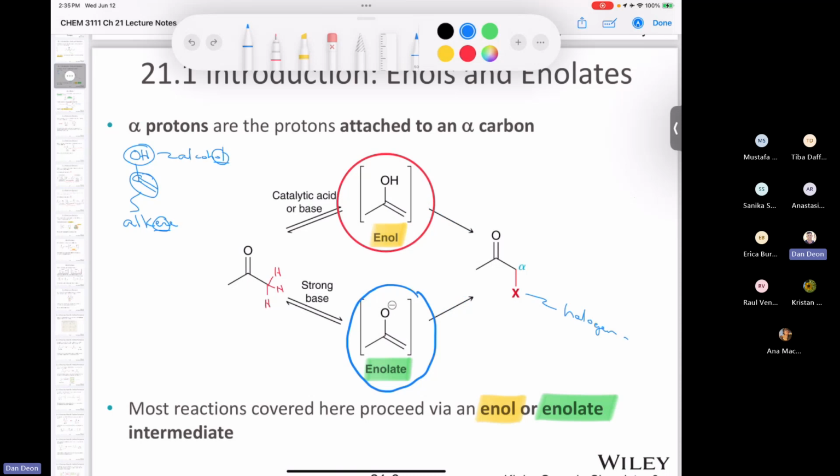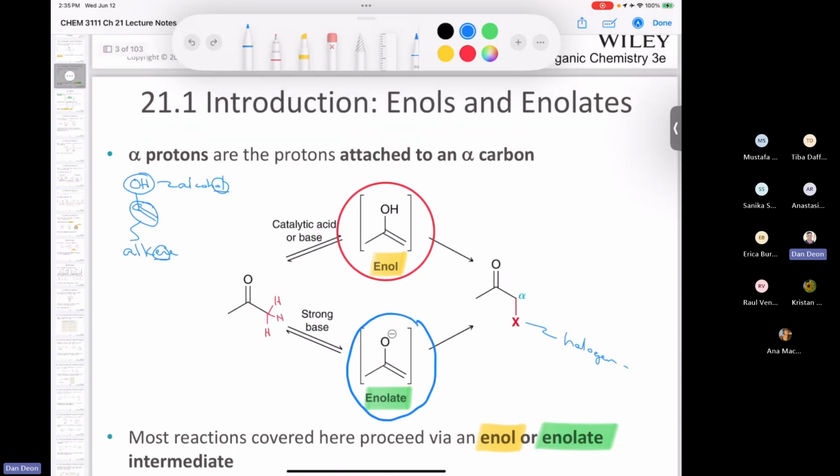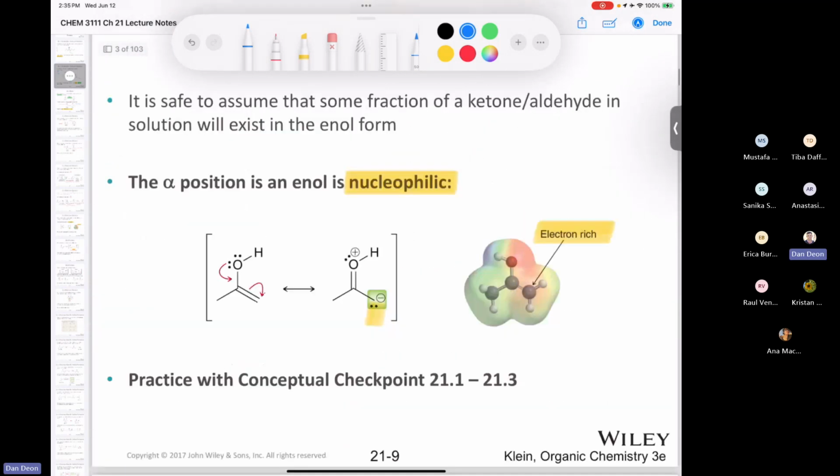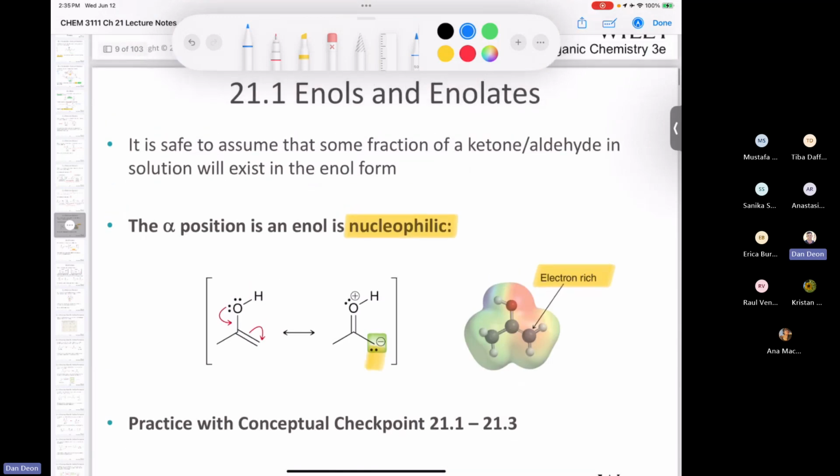So now what it's saying is the reason why you can put in a group here like a halogen is because an enol is nucleophilic and an enolate is nucleophilic, right? So we looked at the reasons why an enol is nucleophilic. So let's go back. Why is an enol nucleophilic? Well, you look at the resonance forms. You see we have a negative charge right here.